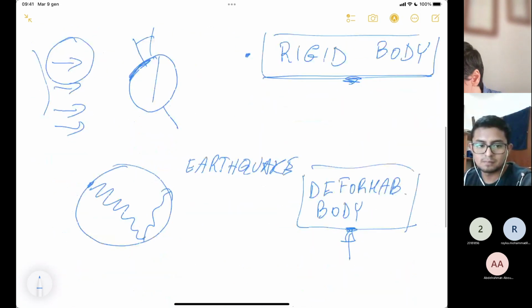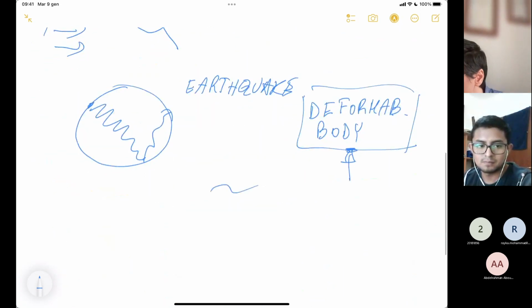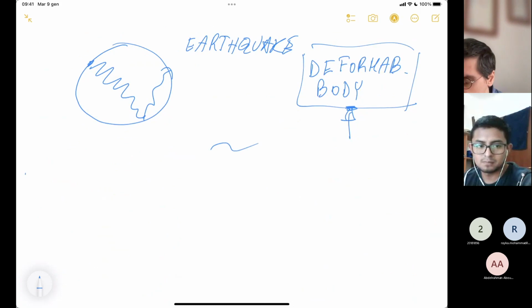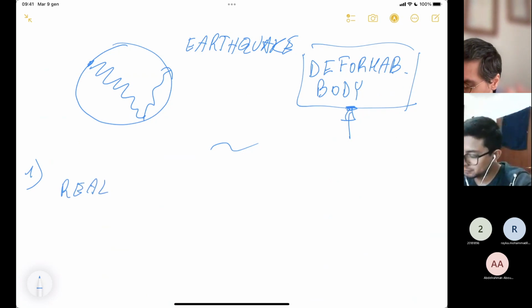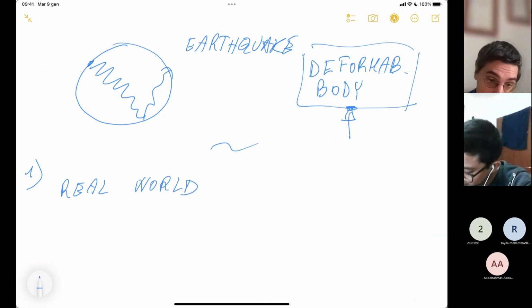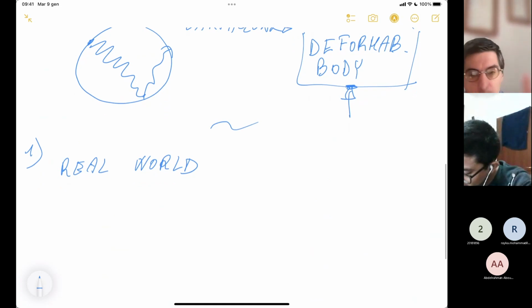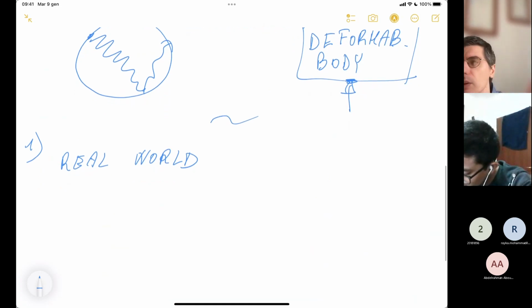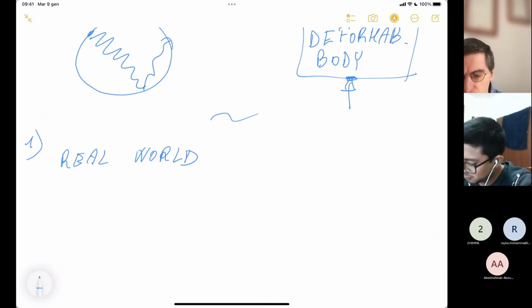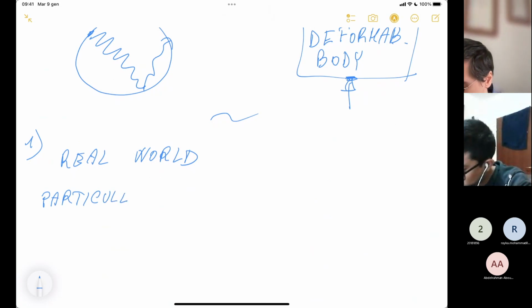So the idea that we have in mind is this one. We start to observe the real world. On the basis of this observation, we have to focus on a particular phenomenon.